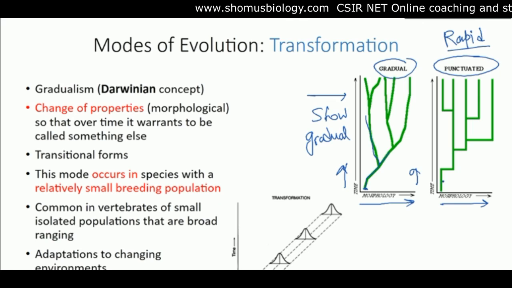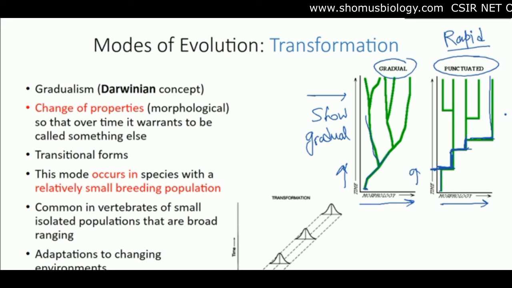For example, for a long stretch of time, let's say for this duration of years, there was no visible morphology change whatsoever, and then there's a sudden morphology change, and then again no change at all, then a sudden morphology change, and it continues like that. So punctuated equilibrium gives a drawing of straight lines connected in branches. The branch point is the place where a sudden morphology change results.